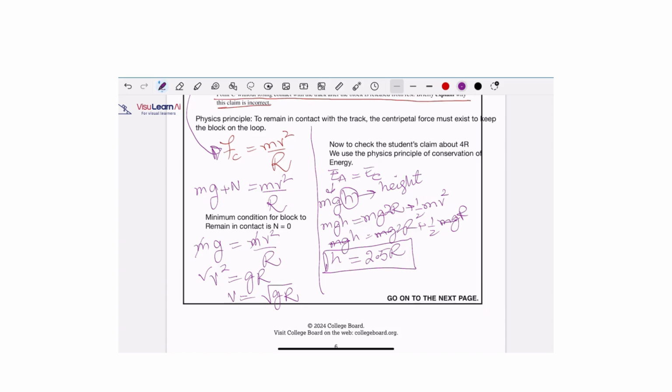So we've actually solved this problem, but let's explicitly write down why the student's claim is incorrect.